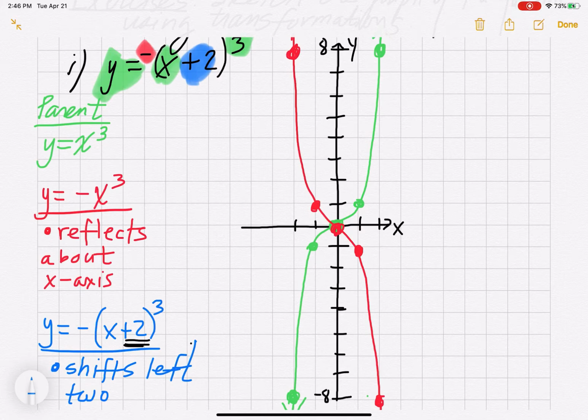So you're going to take our red points and move them left 2. This first red point up in the corner, negative 2, positive 8, is going to move to negative 4, positive 8. Negative 1, positive 1 is going to move to negative 3, positive 1. 0, 0 is going to move to negative 2, comma 0. I'm going to do this arm here on the left.